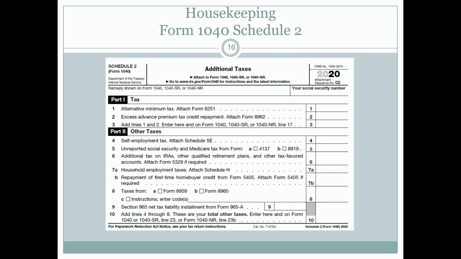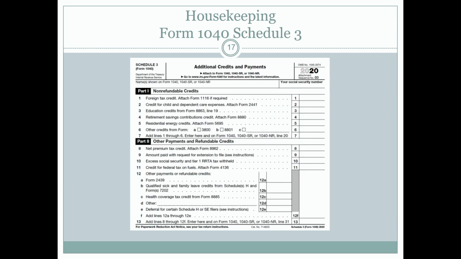And the last schedule for the Form 1040 is our Schedule 3, the additional credits and payments. In Part 1, we have our non-refundable credits, and in Part 2, we have our other payments and refundable credits. And again, the summary of these amounts will roll to the main Form 1040, page 2.